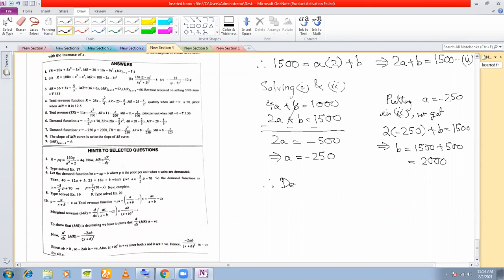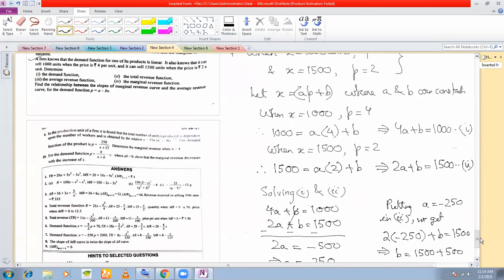Therefore, demand function number 1. Tell me demand function, Amir. We have got the values of A and B. Now you tell me the demand function.